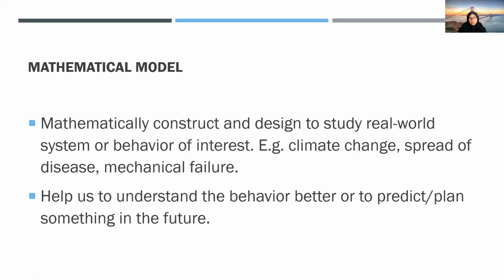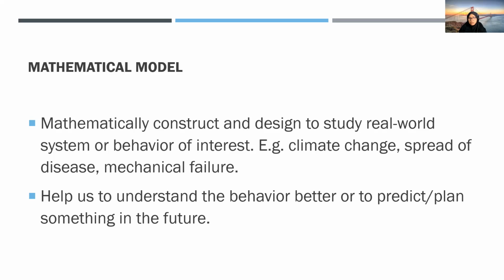What does it do? Our mathematical model is constructed and designed to study a real world problem or behavior of interest. For example, climate change, the spread of disease, like what we did during this pandemic, or mechanical failure. For example, you can see whether it is really a mechanical failure or from some external force. In my case, I usually study physical behavior.